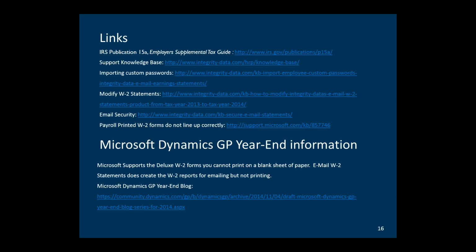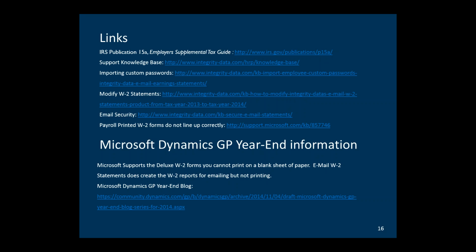One thing I'm going to mention, I've had a couple customers ask about is if they know employees want a printed W-2 statement, but they'd like to use our form because then they don't have to go out and buy special forms. So some customers go through the work effort of entering in a payroll email address as the email address, and they'll process. And then their payroll user will get the report in their PDF files.